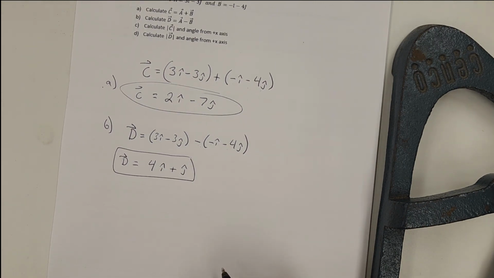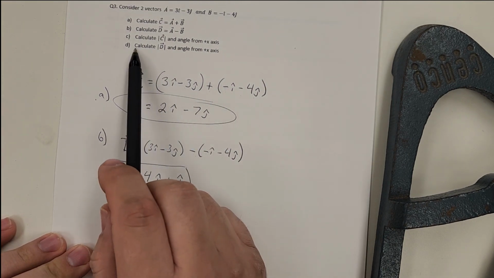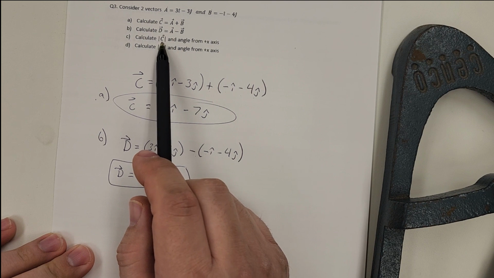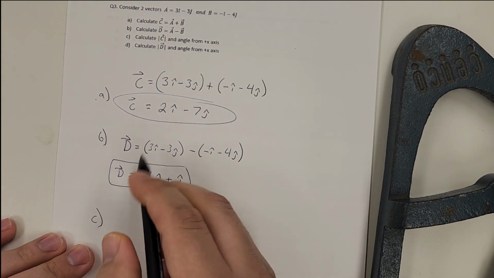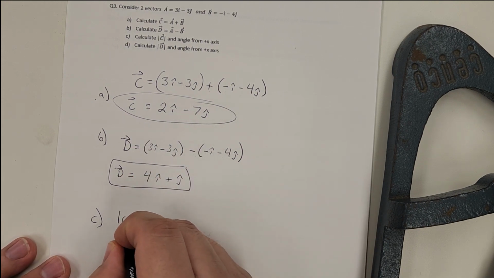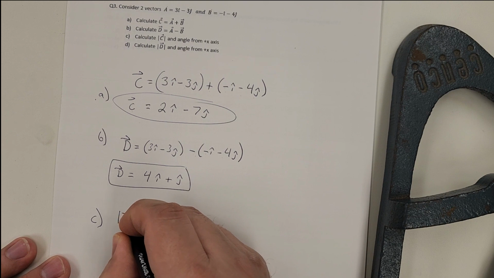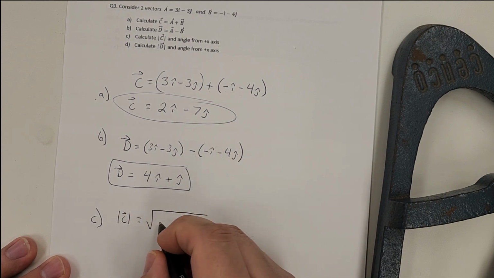4i plus j. Okay. For part C, it wants to calculate what the magnitude of C is and the angle from the x-axis. So for part C, we already have vector C. I just need to figure out what the magnitude of C is. And to do that, we can use Pythagorean theorem and square its components.